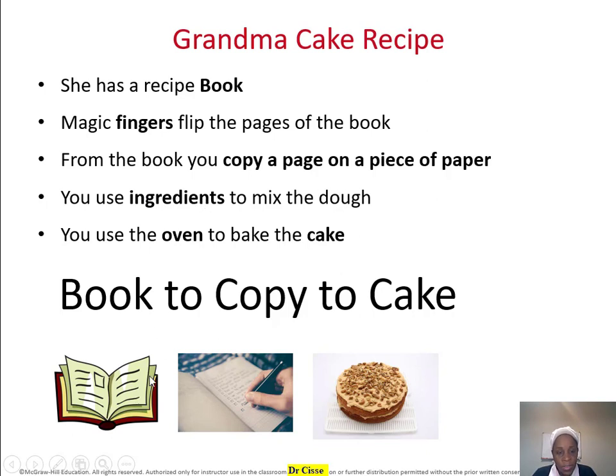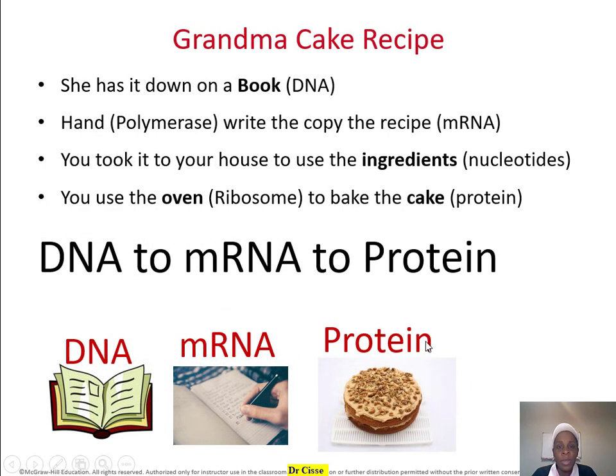So in this case, we have a book, we make a copy of the book, we pick up ingredients, add together based on the instruction on this copy, that is just a copy of the book, to make the cake. It is the same thing as how proteins are made in our body.